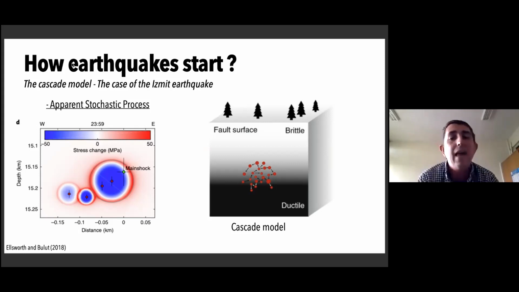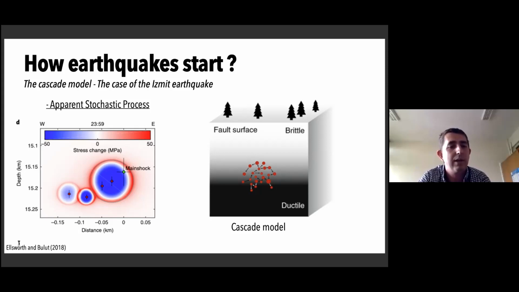This is an apparent stochastic process. I'm saying apparent because there might be some underlying mechanism that might help us eventually predict this cascade failure, but at the moment we don't know too much about that. So it seems to be rather a stochastic process. The example of the aseismic earthquake is highlighted here.